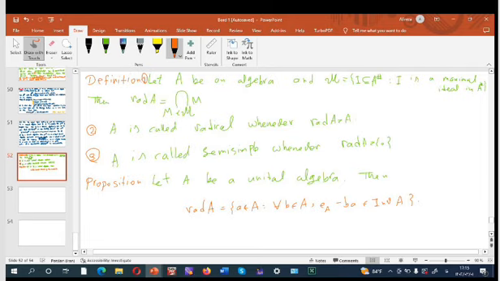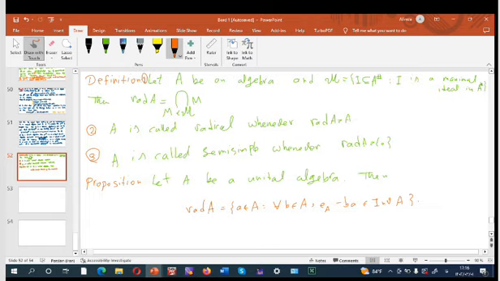Dear students, we write this definition. Let A be an algebra and M equal to the set of all maximal ideals in this algebra. Then the radical of A is defined by the intersection of all elements in this maximal ideal space.